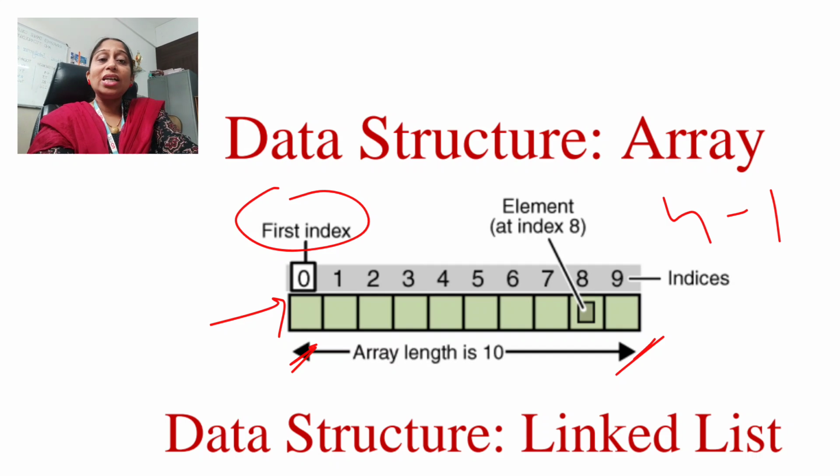If I am holding 10 elements in an array, the last element index is n minus 1, meaning 10 minus 1, which is 9. So the last element index is 9, and the array length is 10. We can see the remaining part of the array further in the slide. This is the basic overview of array.